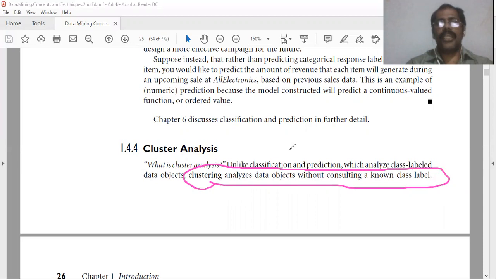In classification and prediction, we analyze class labeled data objects.